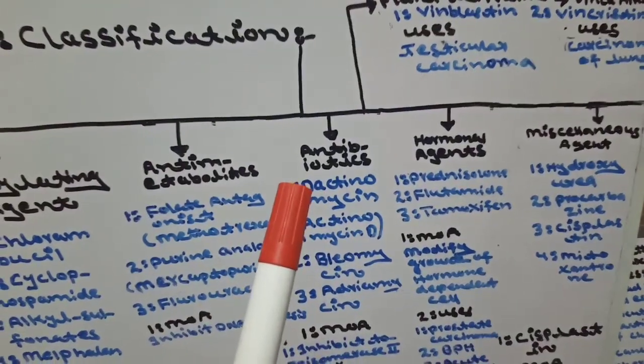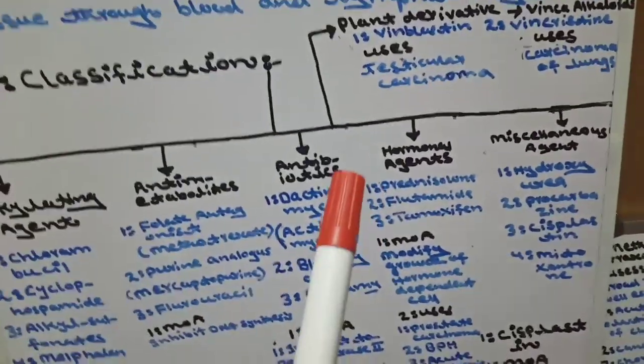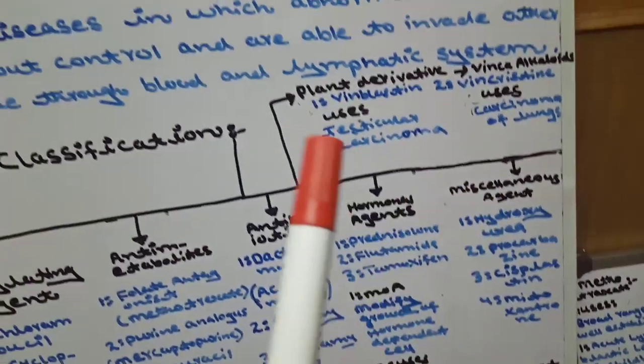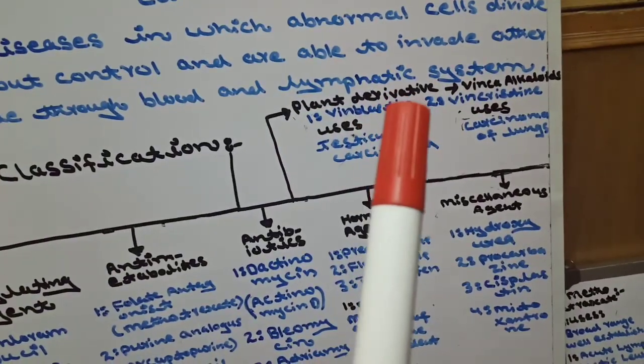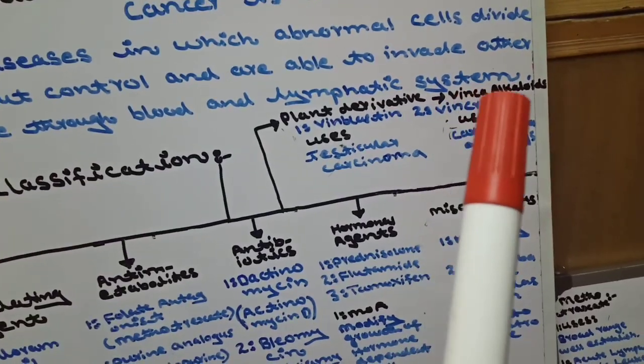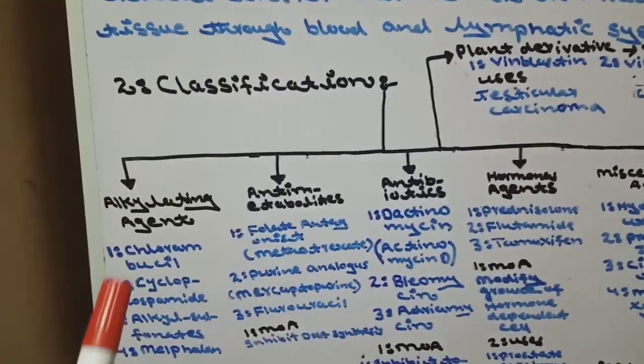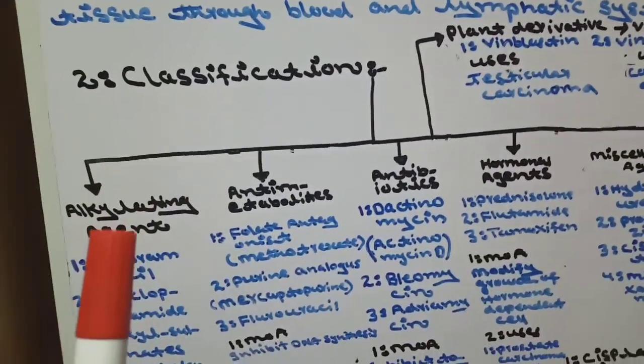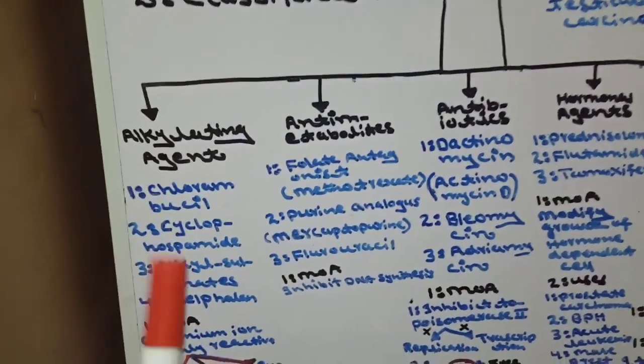Third, antibiotics. Fourth, hormonal agents. Fifth, miscellaneous agents. Sixth, plant derivatives, the vinca alkaloids. Now in these 6 groups, we put the drugs.